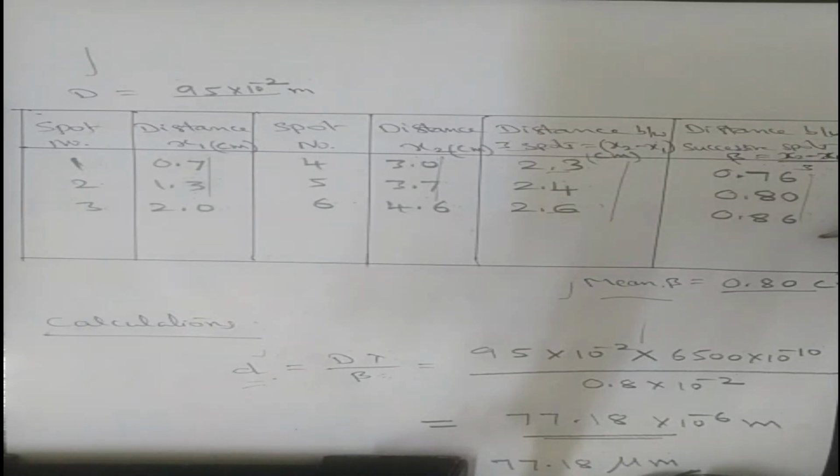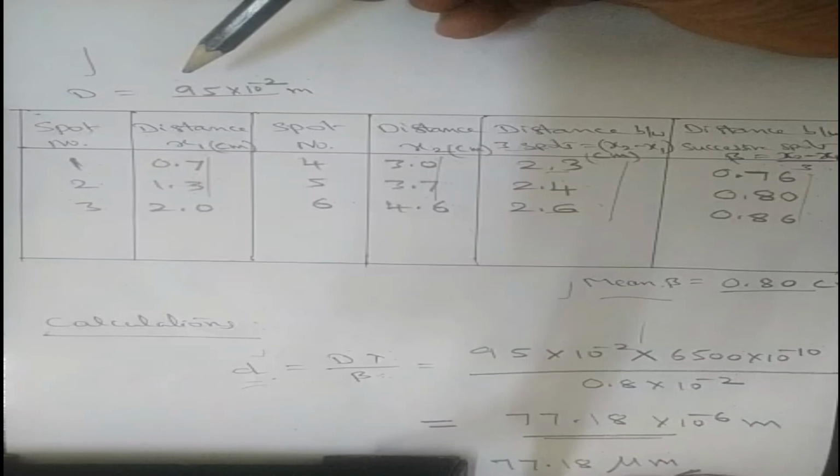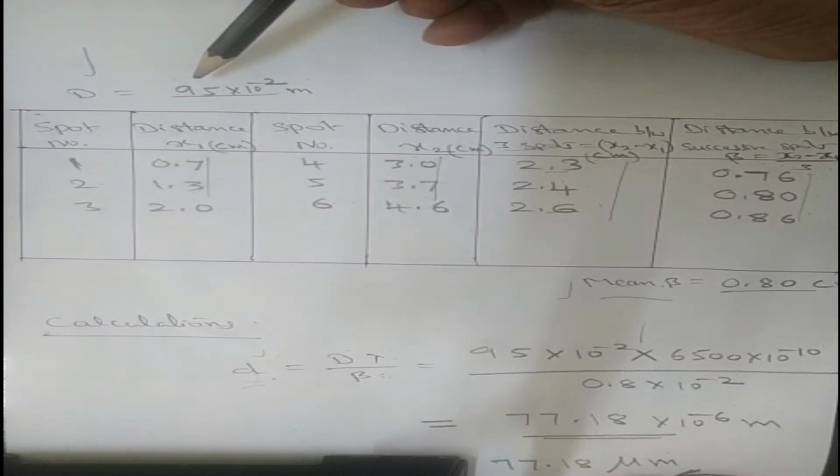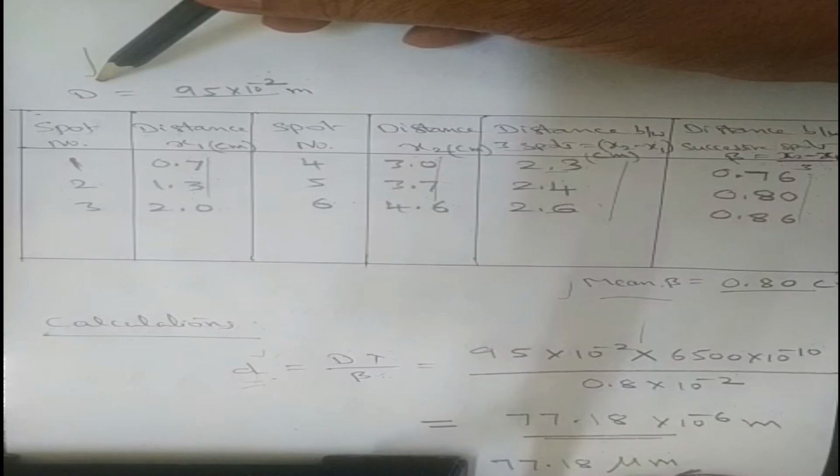So you can take the mean value of all these 3, right? The mean value of all these 3 readings is found to be 0.80 centimeter. Now the distance between the screen and the position of the thin wire is found to be how much? 95 centimeter, right? So 95 into 10 to the power of minus 2 meter we can enter as capital D.